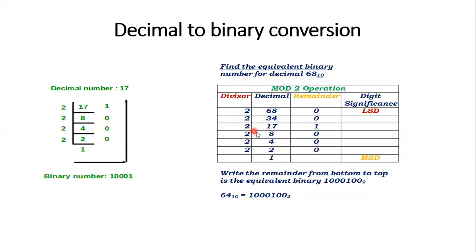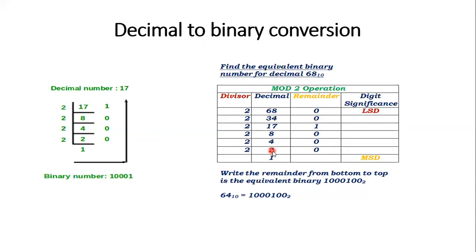Again, 17 is divided by 2, giving 8; 8 twos are 16, therefore the remainder is 1. Again, this 8 is divided by 2, giving 4; 4 twos are 8, so the remainder is 0. Again, this 4 is divided by 2, giving 2; 2 twos are 4, therefore the remainder is 0.